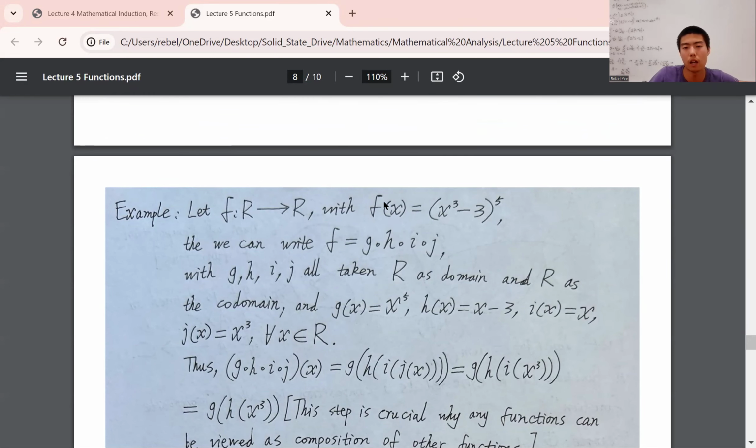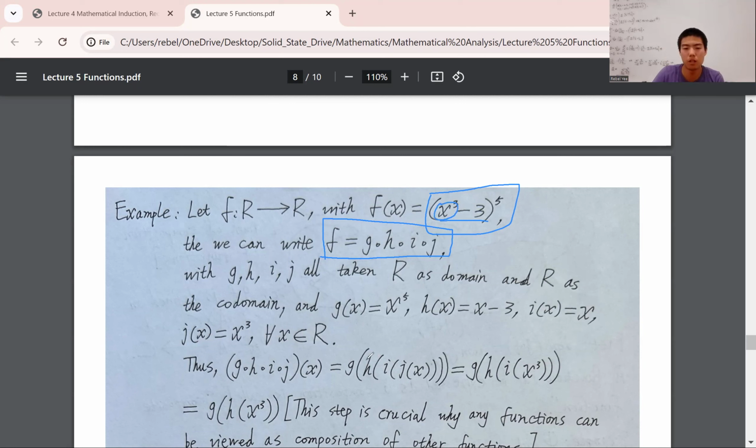So for example, f of x equals (x to the power 3 minus 3) to the power 5. First we decompose it into 4 simpler functions. g equals x to the power 5, which is the outermost layer. h of x is x minus 3, which is this layer. i of x is the identity function, which plays a role very similar to the integer 1 in integer factorization. And j equals x to the power 3, which is this layer.